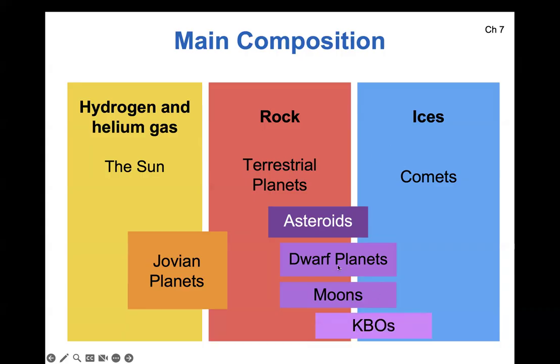Kuiper belt objects, which would include dwarf planets but also all of the asteroids in the Kuiper belt, on average are even icier. So think of the difference between dwarf planets and KBOs as KBOs being just all those things further from Neptune.